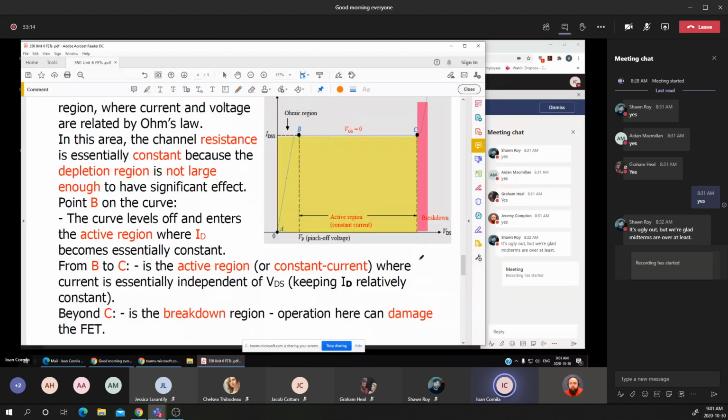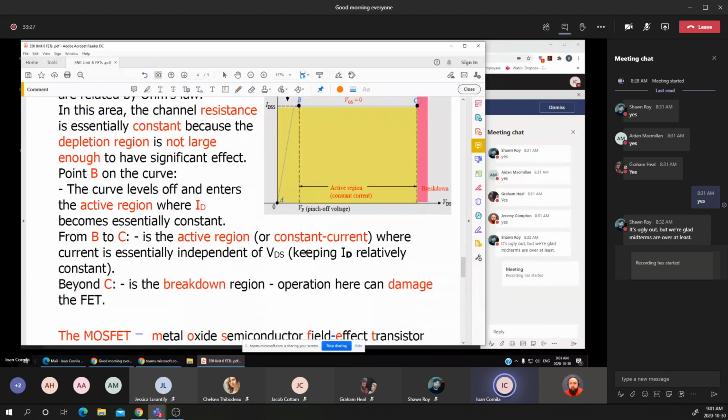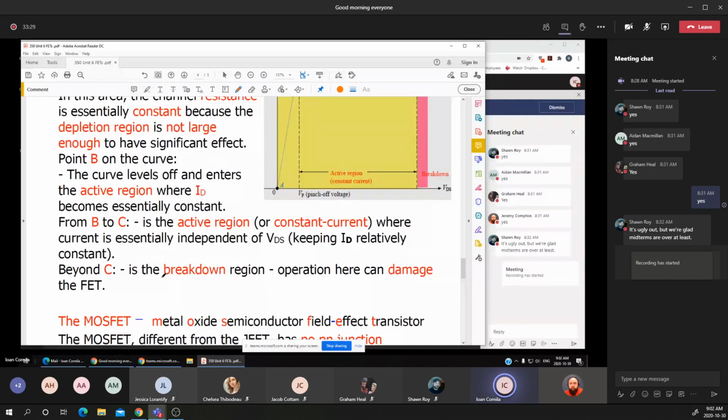For any voltages above the maximum voltage between the drain and the source, which is the breakdown voltage, that's another spec we have to take into account: the maximum voltage that can be applied between the drain and the source, which is called the breakdown voltage.